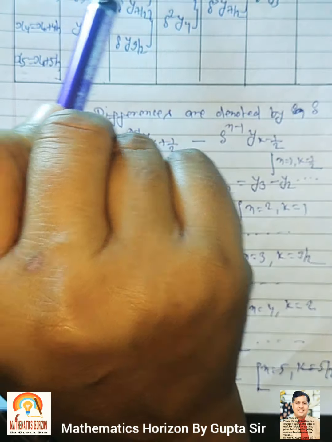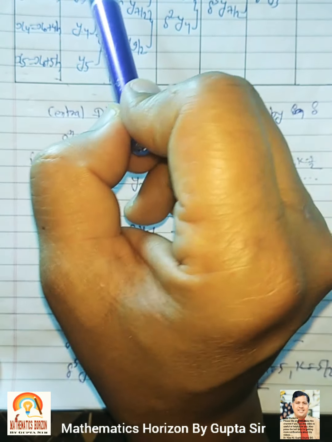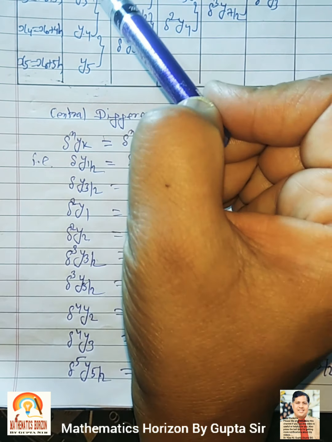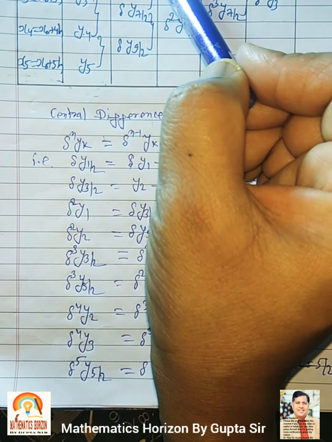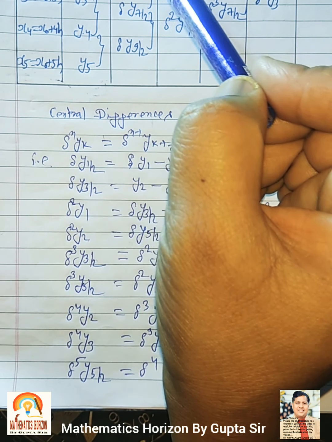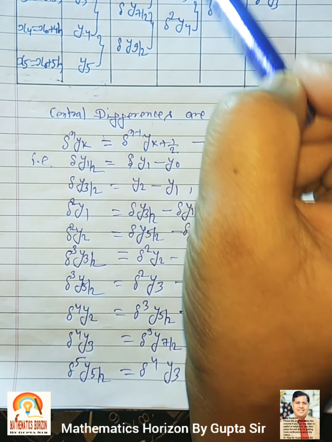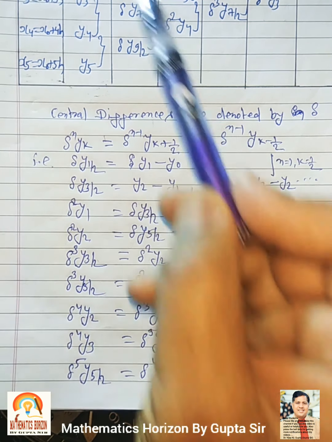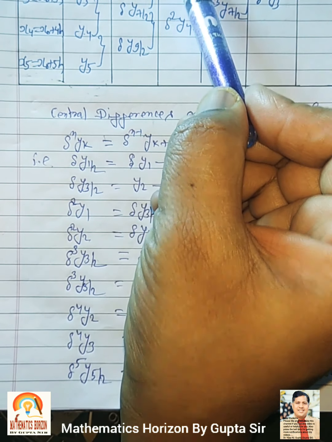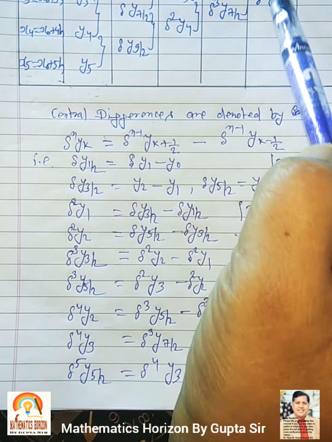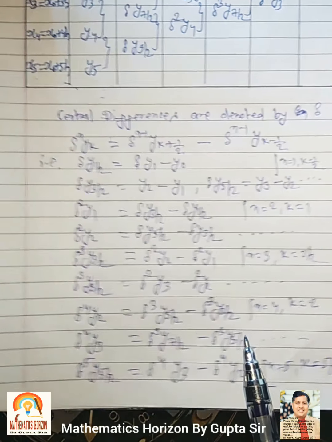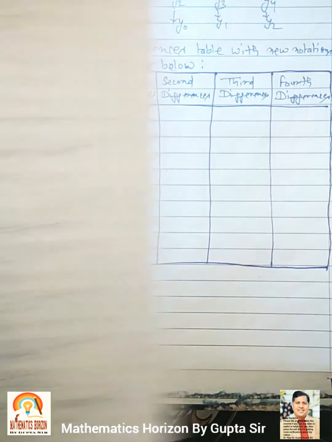The notations will be different, but what we are actually doing is subtracting first from second, everywhere. In such a way we are just finding out the differences. What will be the definition?